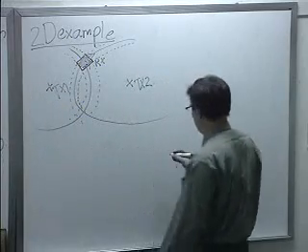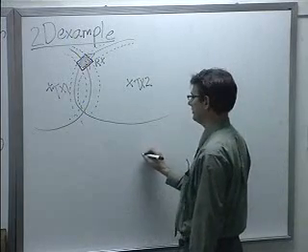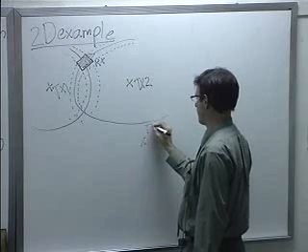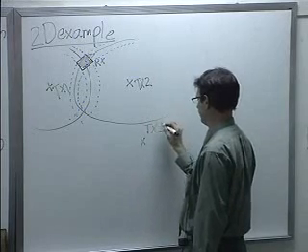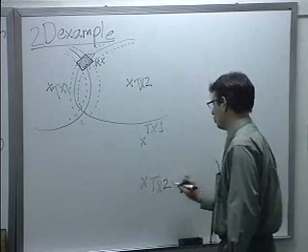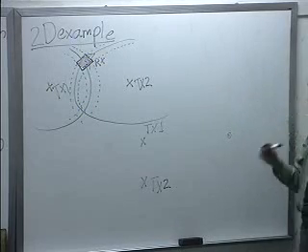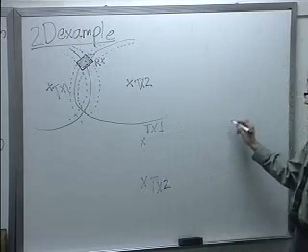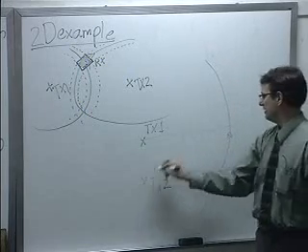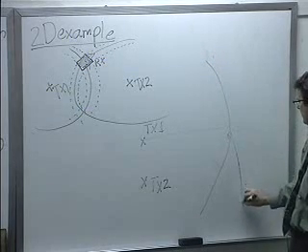If we were to consider another scenario where maybe my transmitter and my second transmitter were over there, and maybe the point of intersection was over here. Well, then here, I've got radius 1 about this transmitter, radius 2 about this transmitter.